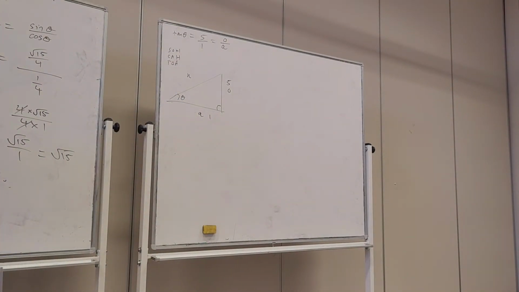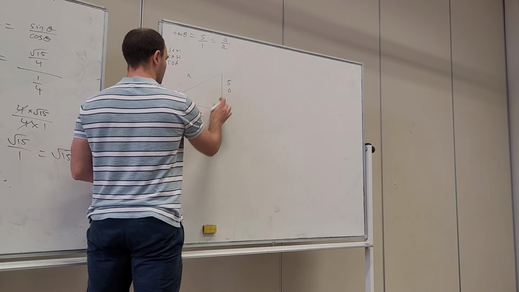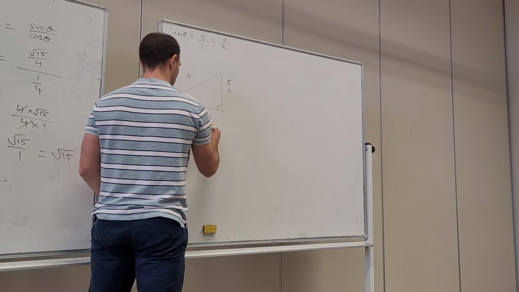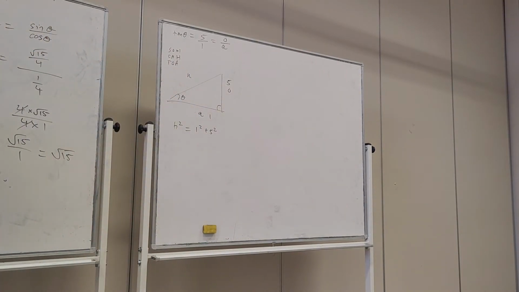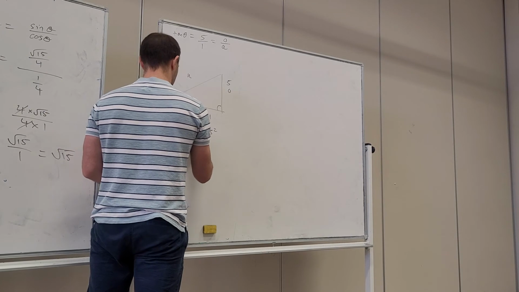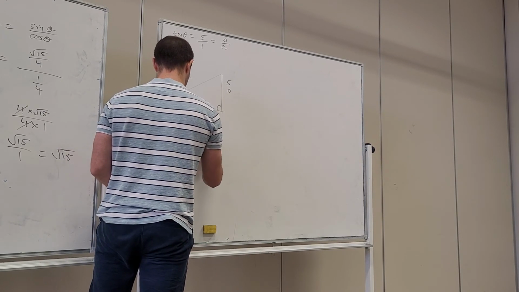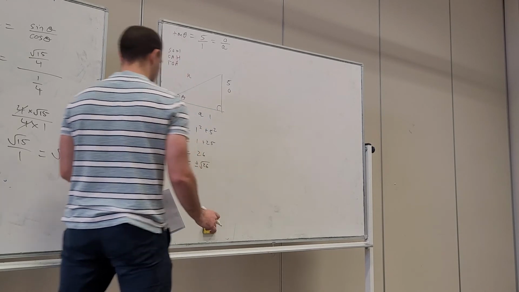Let's use Pythag to find H. We're going to have 1 squared plus 5 squared is H squared. H squared is 1 plus 25, 26. H is plus or minus the square root of 26.